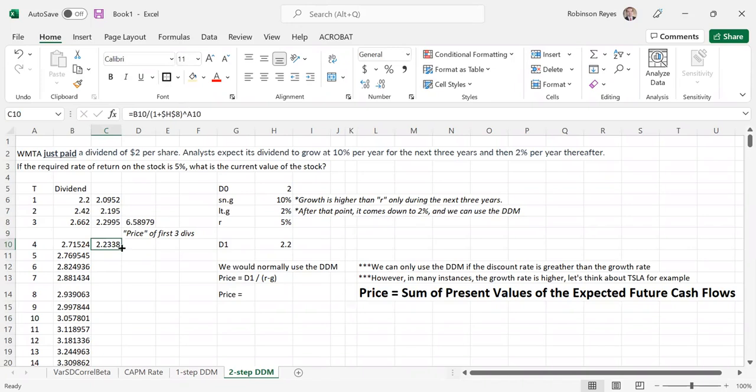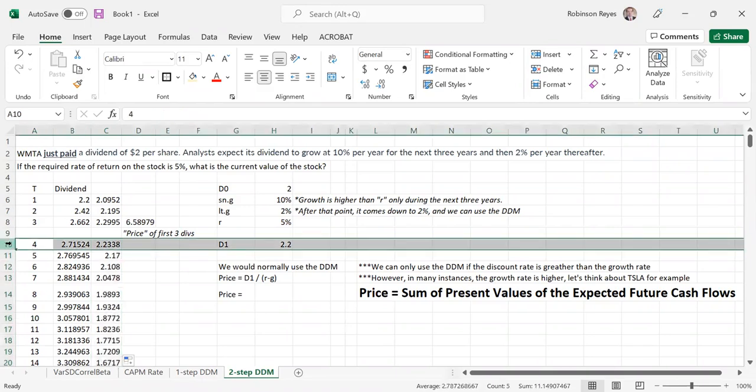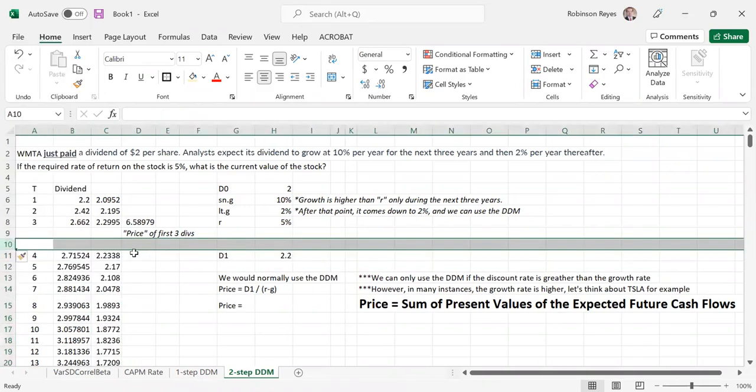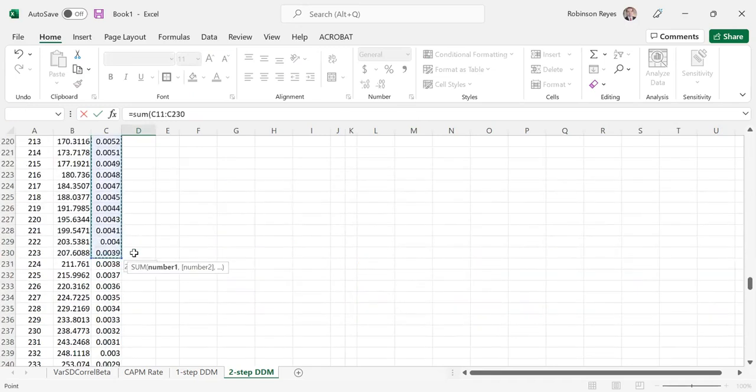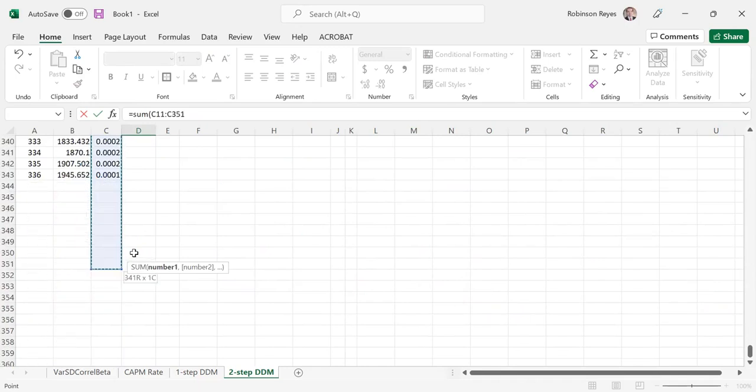And if I scroll this down, now these are all the present values of all the dividends starting in dividend 4 and all the dividends moving forward forever. I'm going to add another space here, and then I'm going to sum all these present values, right?